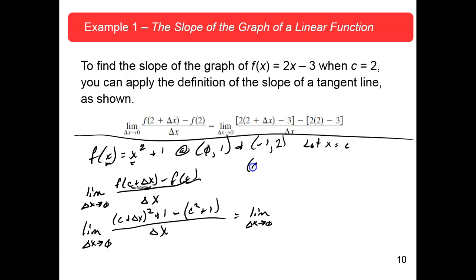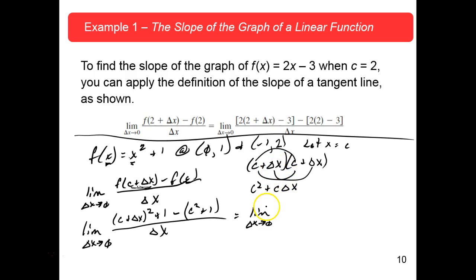So that is c plus delta x. To square something is to multiply it by itself, right? Okay? So let's do the foiling. First is c squared. Outer is plus c delta x.